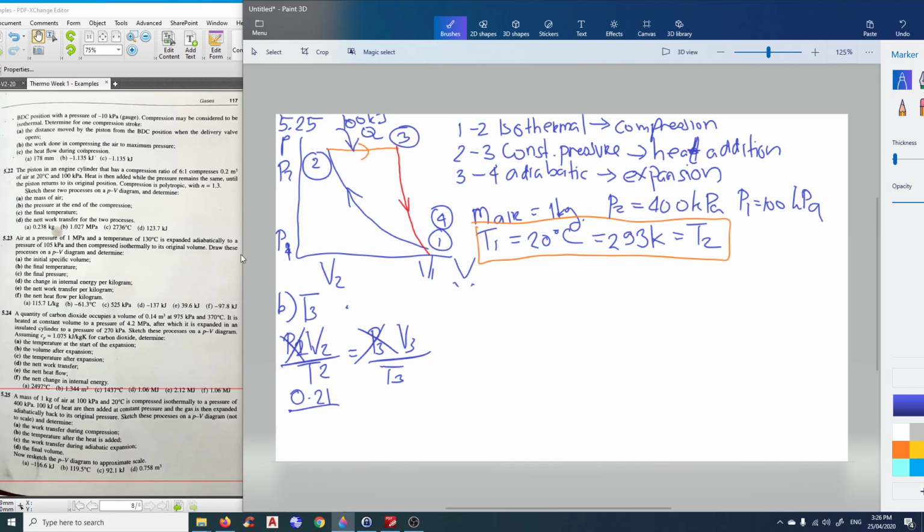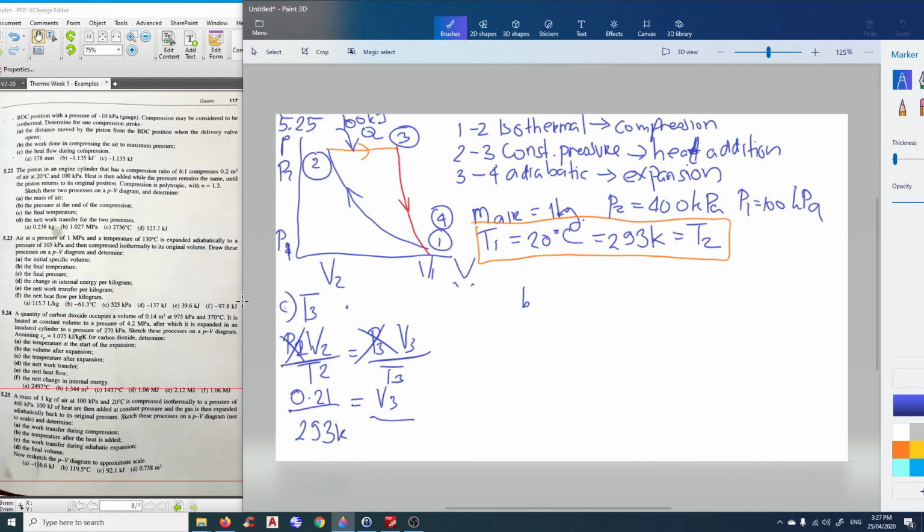T2, we calculated before, which is the same as T1, 293 Kelvin, equal to V3. Now we don't know what T3 is, isn't it? So we need to find, oops, sorry, I think I jumped to question C already. That's question C actually. Jumped too quick. Okay, leave this one for the time being.